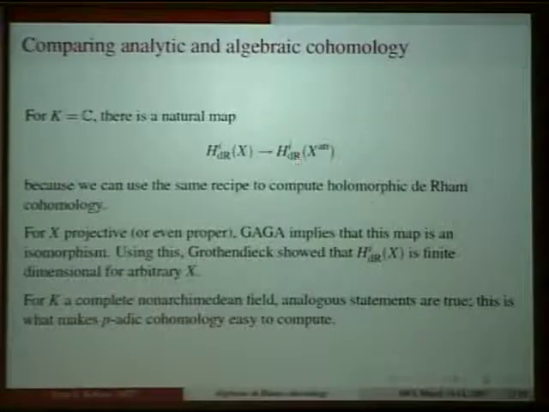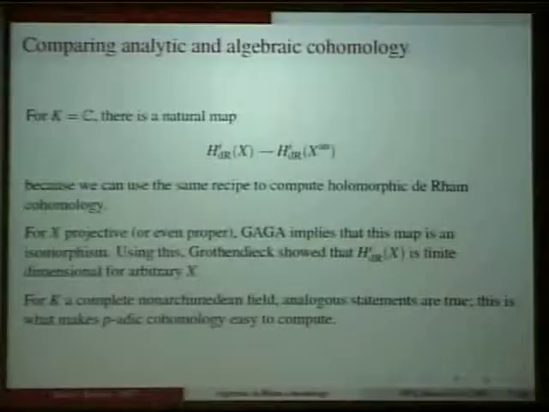Now this wouldn't work so well on the analytic side, but it works great on the algebraic side. So this de Rham cohomology is actually always finite dimensional, even when X is not proper, and so you have no right to assume that the de Rham cohomology would be finite for, say, an affine thing, but it is.